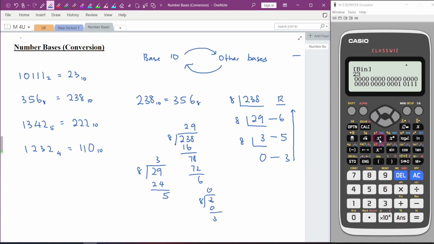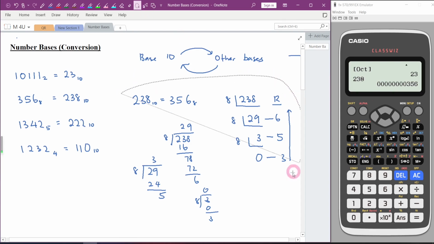Press DEC first, then key in 238, press equal. I'm going to convert it to base 8, which is octal. Press OCT. 356. For base 10 to base 5 or base 10 to base 4, our calculator cannot help us do the job, but you can just use Google to help you.